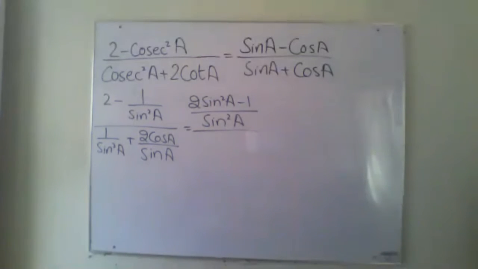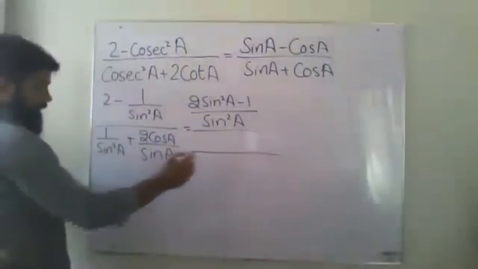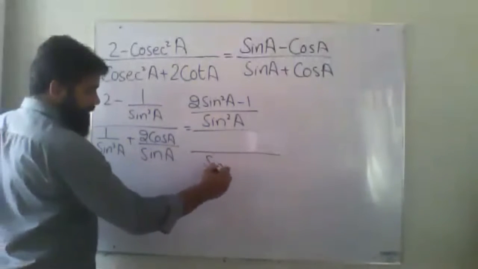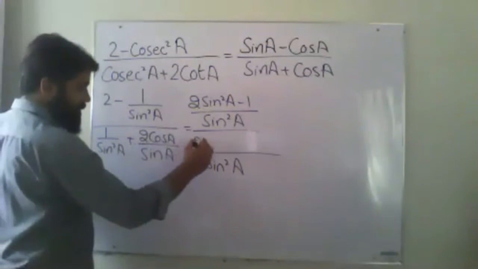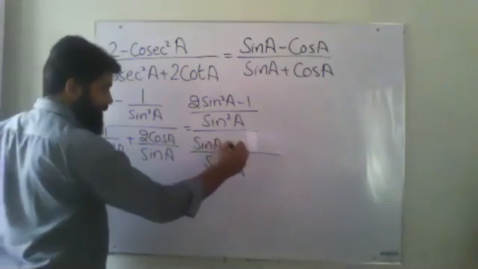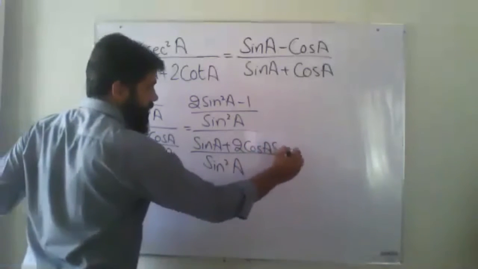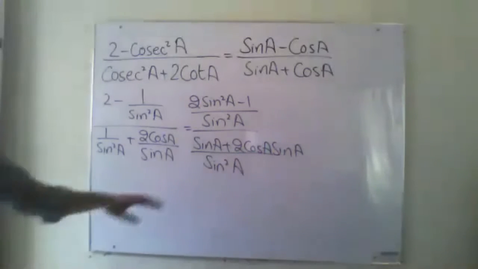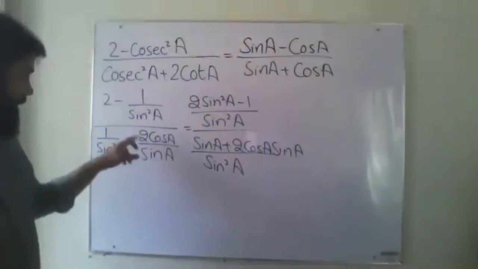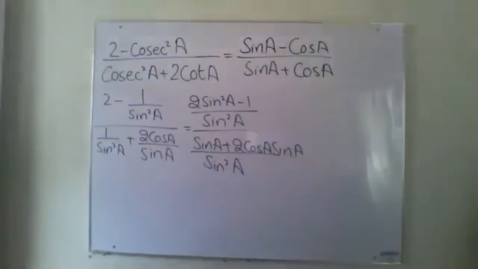we do another LCM in the denominator. This will again become sine square A, and sine A plus 2 cos A over sine. I have taken LCM in the denominator and in the numerator.